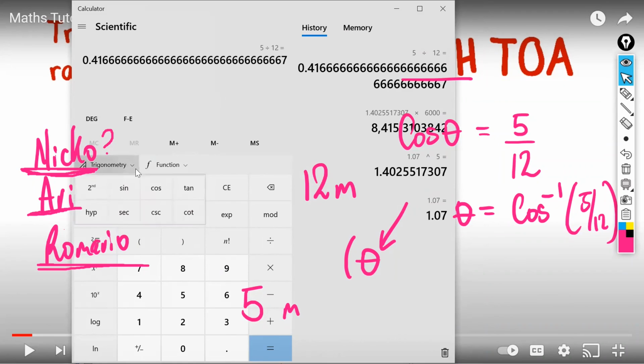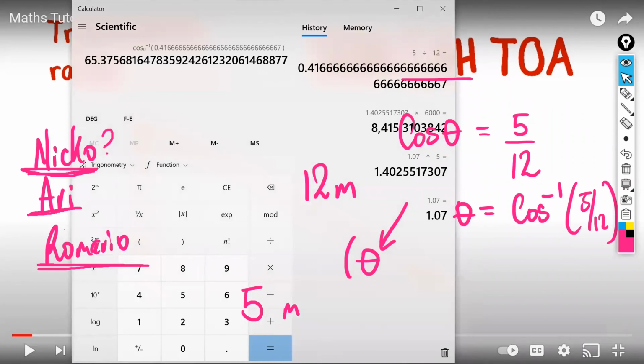So how do we find the inverse now? You have to use second on your calculator and say cos inverse, cos to the -1. When you press that, you should get 65.37. And that would be the answer, guys, 65.37 degrees. So that's how you find the inverse.